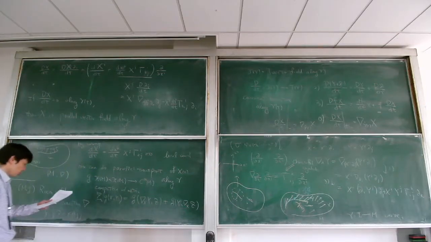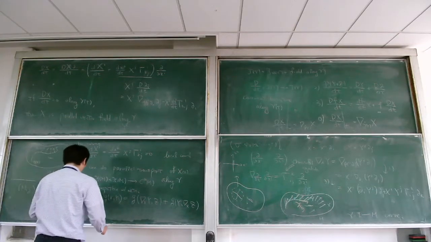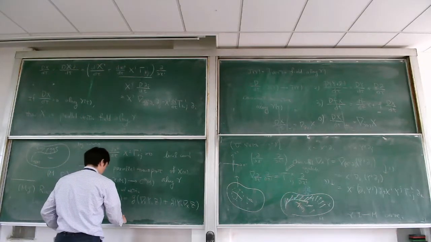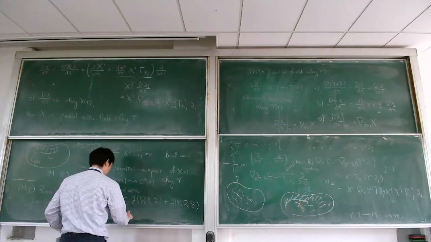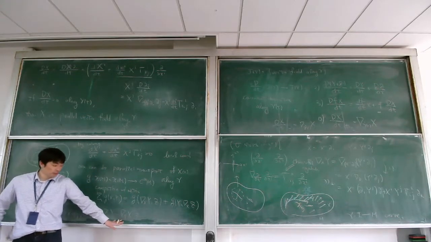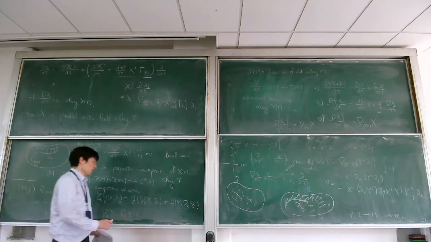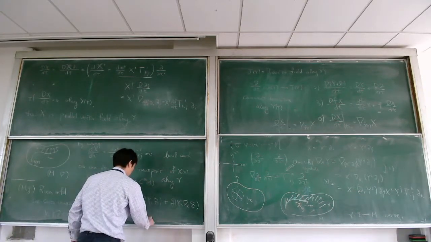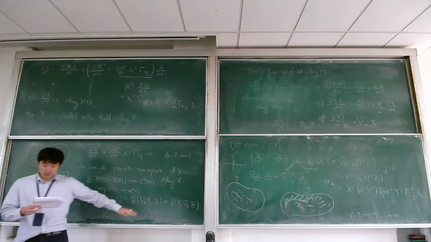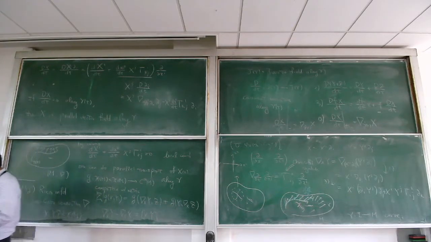And another condition is called symmetry, or torsion free. This is an element of the vector fields, and the right-hand side is also an element of the vector fields.